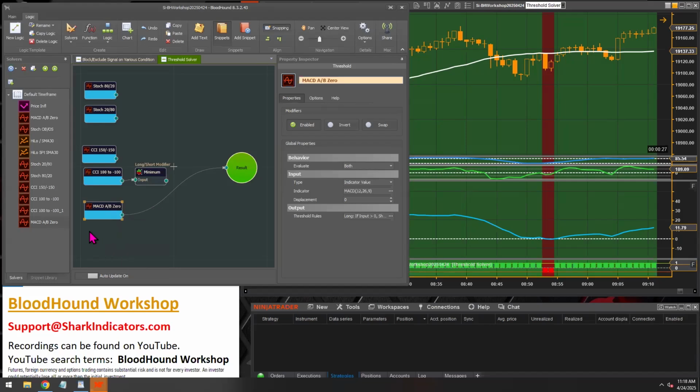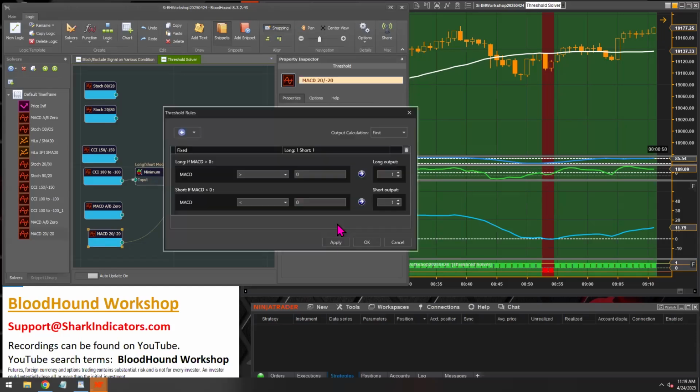All right, let's make a copy of that. Paste it there. Let's see here. Let's identify when the MACD is above 20, or below negative 20. Something like that. So we need to go into the threshold rules and just make those numeric adjustments.